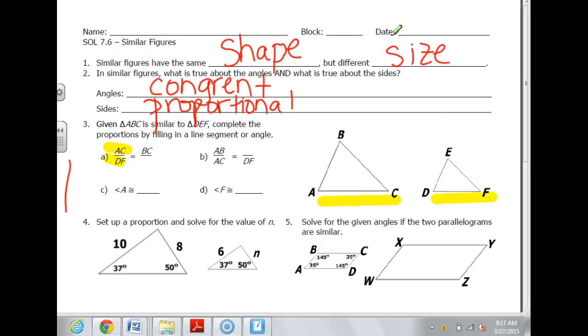So there's DF. We could say that this is the big triangle and this is the little triangle. On the big triangle we have BC. If you look at the little triangle, which line segment is just like BC? Okay, well, EF.